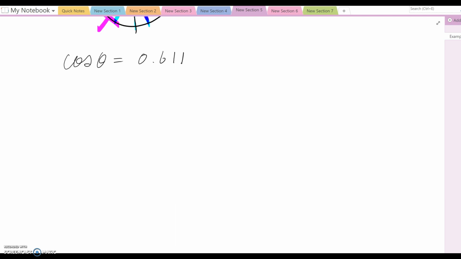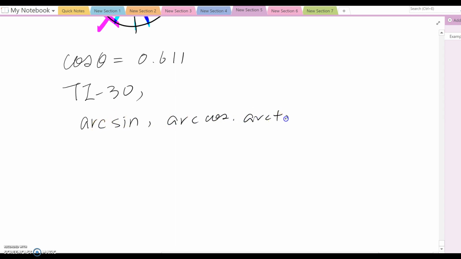So I will tell you which function key you have to use. If you have any TI-30 series or even another calculator, you will see either arc sine, arc cosine, arc tangent.